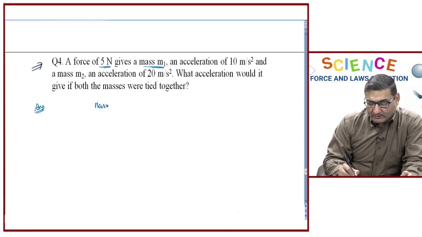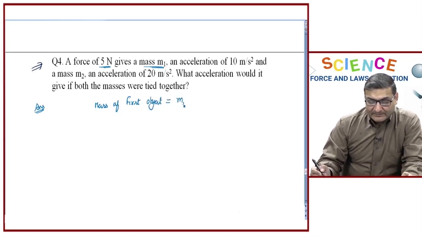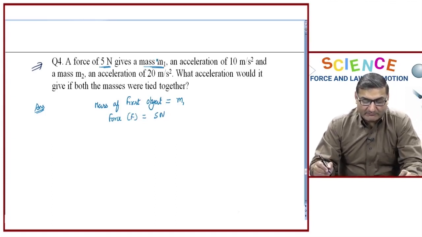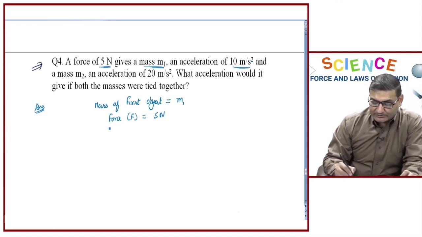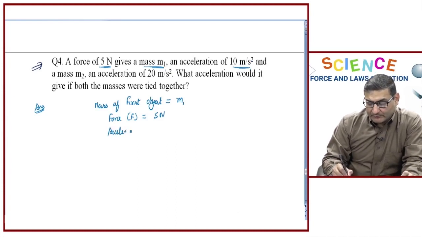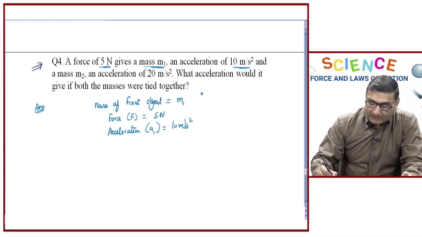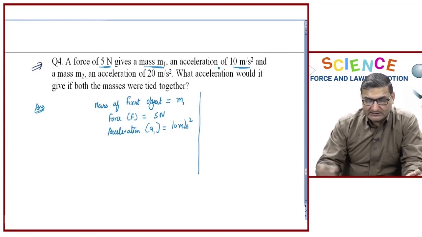So the mass of the first object is given as m1, and when this force of 5 Newton is applied on this particular object of mass m1, an acceleration of 10 meter per second square is produced. So the acceleration produced in this object, let it be a1, is 10 meter per second square, right? Now what he is saying is, and this force only, this is assumed, this is not specified because it is run on in the question.